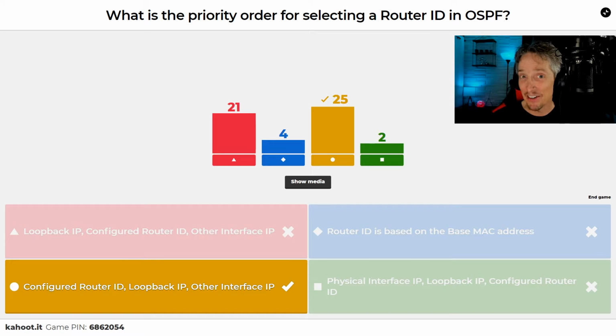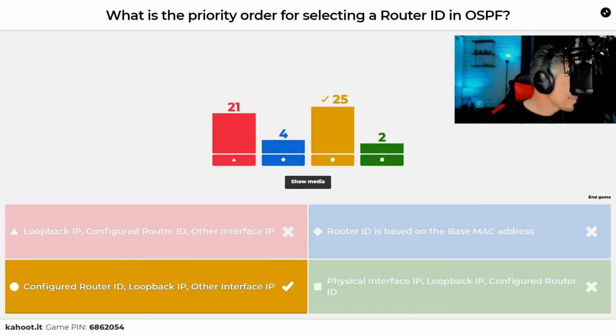If you configure a router ID, you go into router configuration mode and say router-id, followed by a 32-bit number in dotted decimal format. That's going to be the router ID. If there's no hard-coded router ID, it's the highest IP address on any loopback interface when OSPF is started. And if you don't have a loopback interface, it's then any other interface that happens to be up with the highest IP address when OSPF is started.